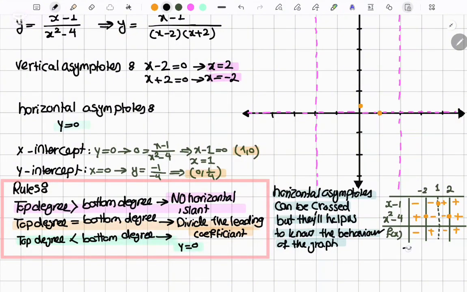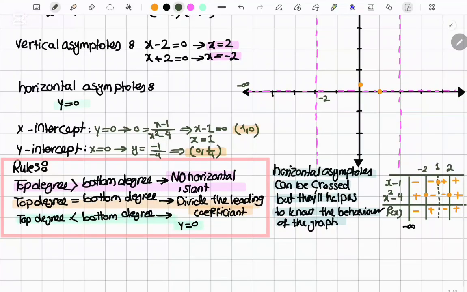So from negative infinity to negative 2, which is over here, because guys, see, this is negative 2. And this is like from negative infinity, okay? So from negative infinity to negative 2, the graph is on the negative side, okay? So it will actually be locating here on the negative side.